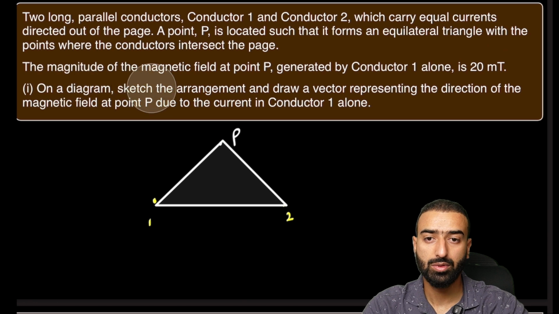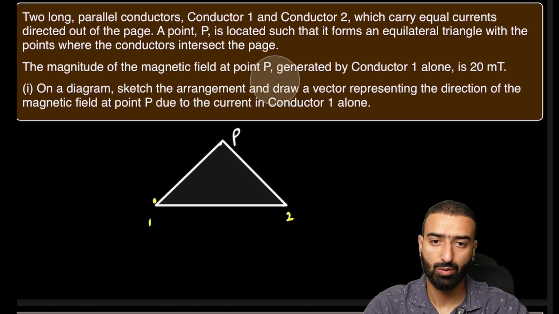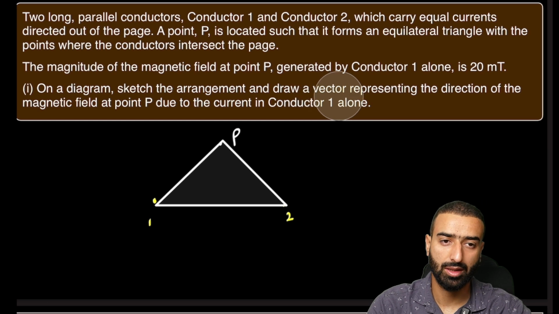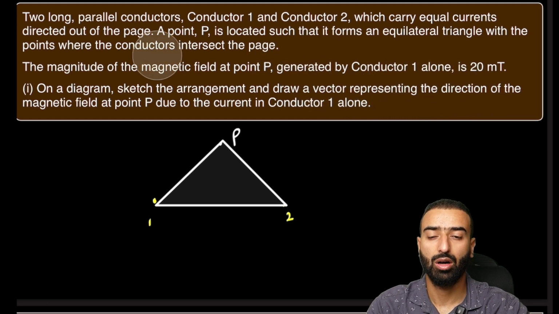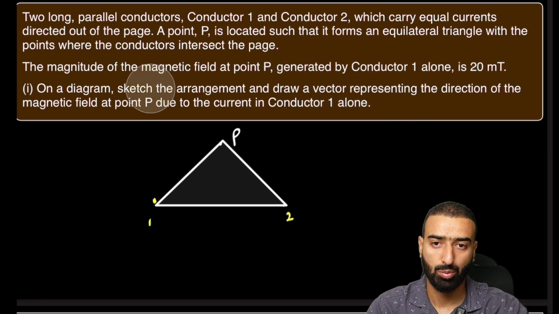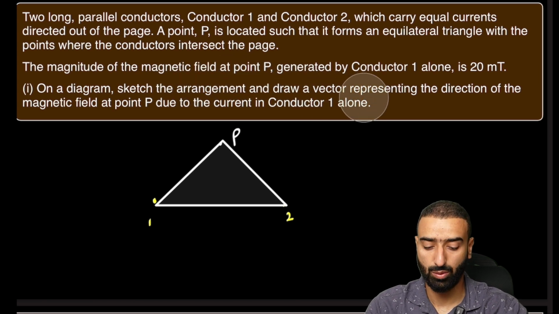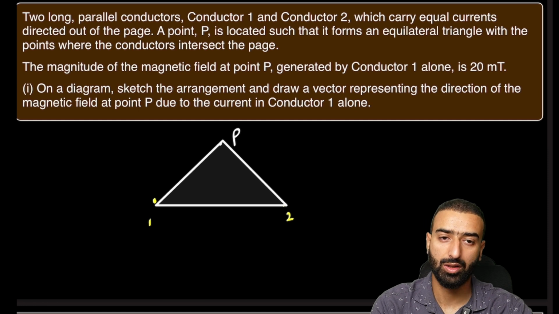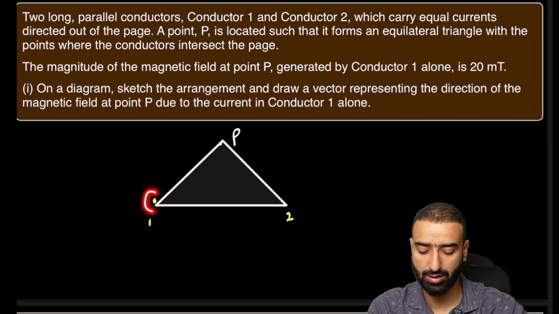On a diagram, sketch the arrangement, which we already have, and draw a vector representing the direction of the magnetic field at point P due to the current in conductor 1 alone.